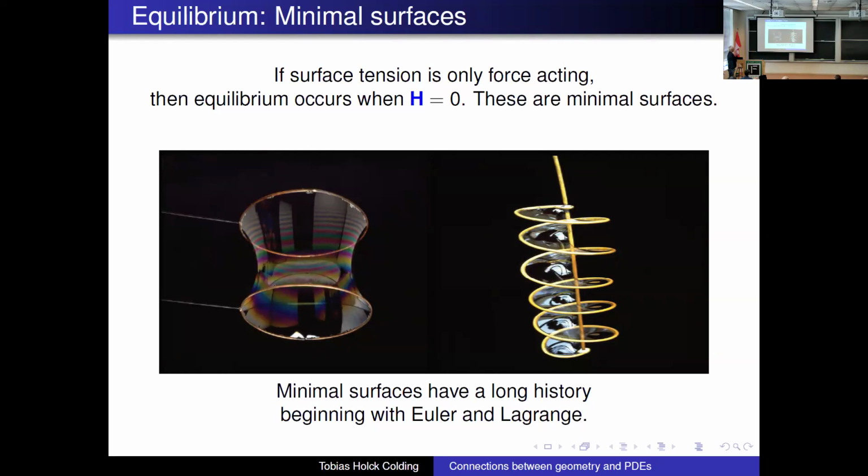So this means that if the surface tension is the only force acting, then you have equilibrium for a minimal surface. And minimal surfaces have this long history going back to Euler in 1740 and Lagrange and the birth of calculus of variations in 1755.